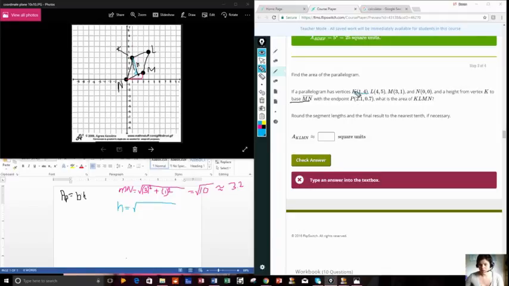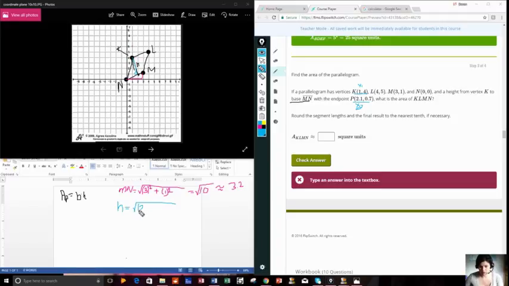So we have the point K, it starts at K and it ends at point P. So we have the square root of our horizontal distance, which is still going to be our x values, so x2 and x1. To find the distance, remember it is the difference between those two.